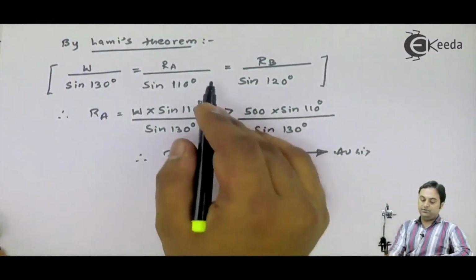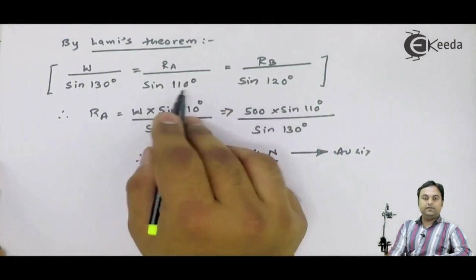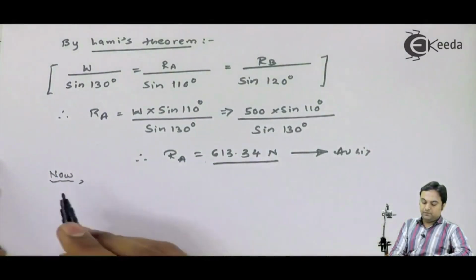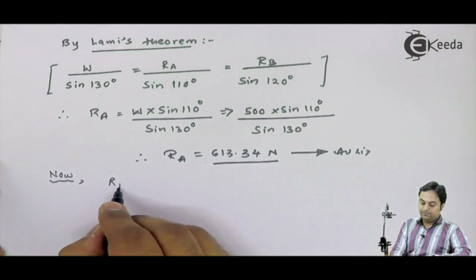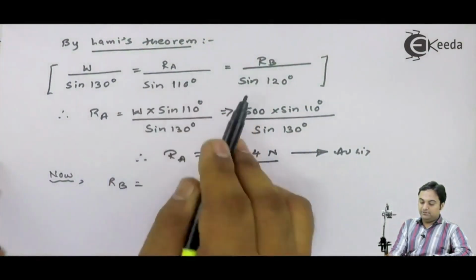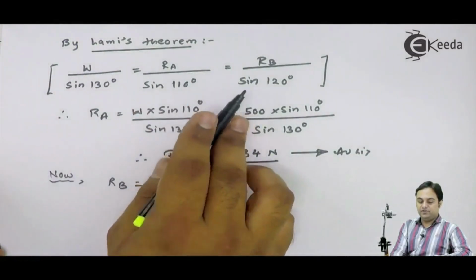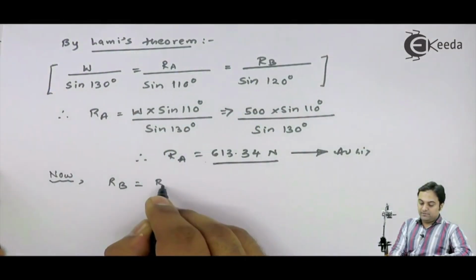After this I can use again a similar part from Lami's theorem. I'll say that RB is equal to RA into sine 120. If you want, you can even take it as W into sine 120. It will give you the same answer.